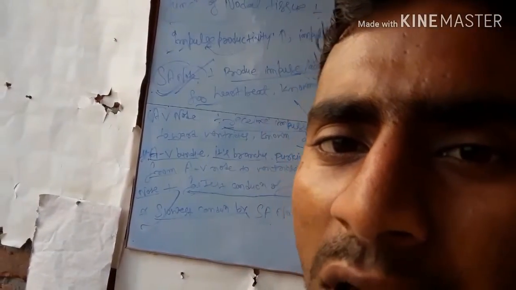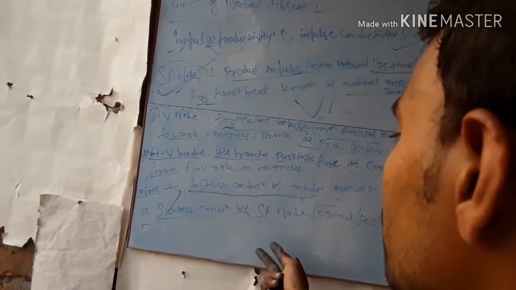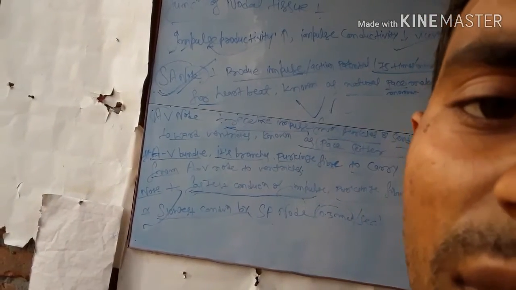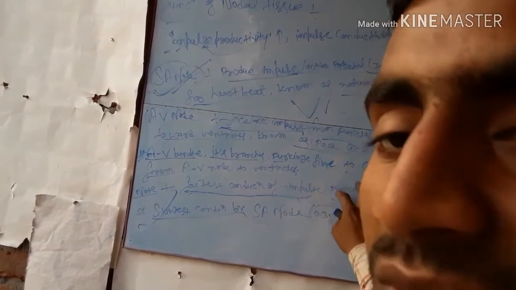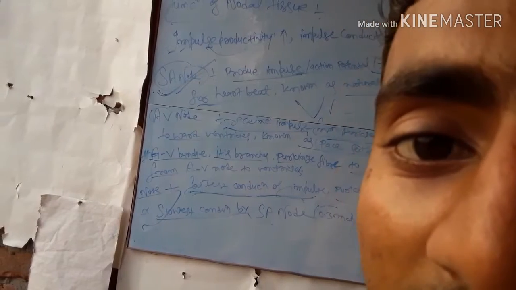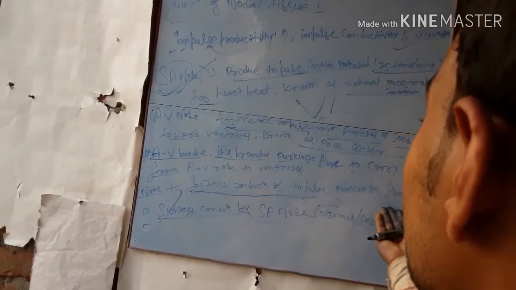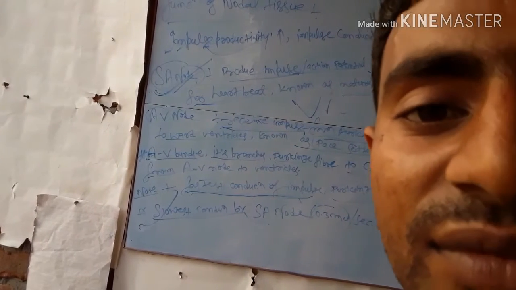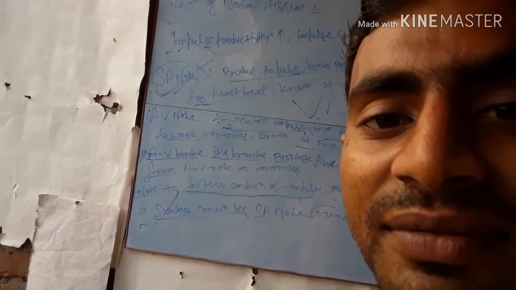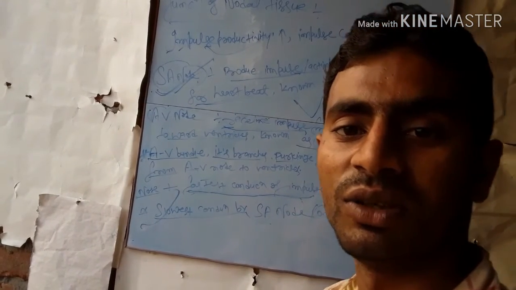But in Purkinje fibers, impulse productivity decreases, so impulse conductivity increases to 4 meters per second. Any doubt? Okay, thank you.